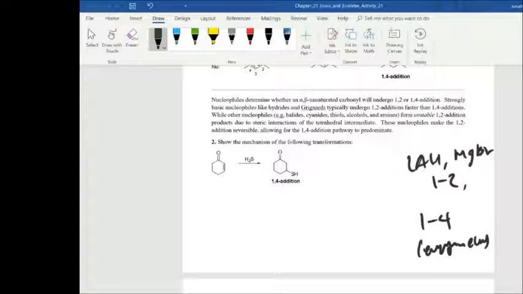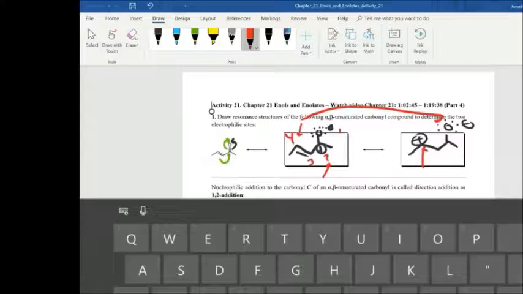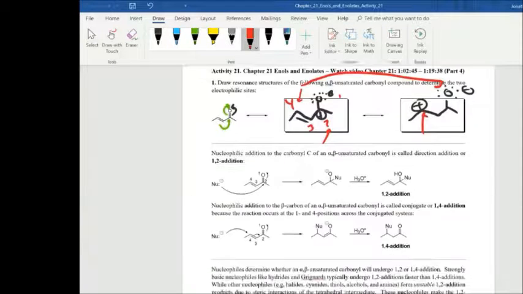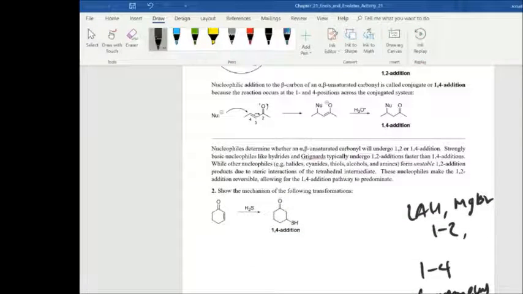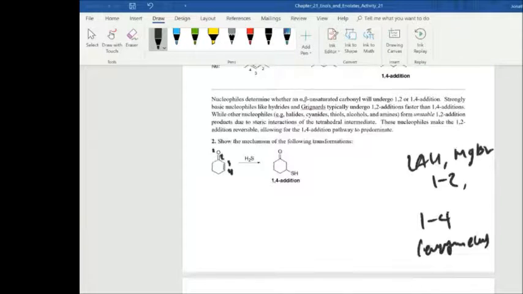Let's just go ahead and draw the mechanism for that. With respect to the oxygen, you have to count 1 as the oxygen just to get everything straight. So you count 1, 2, 3, 4. That's how you would get this 1,4 addition product, right?